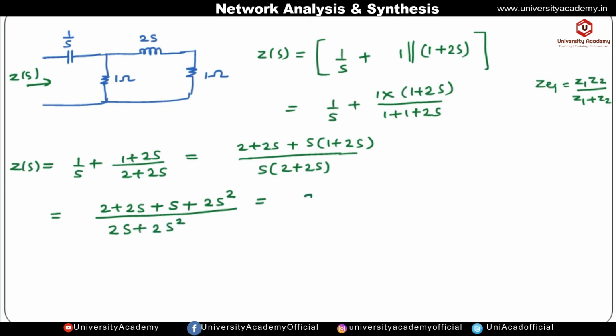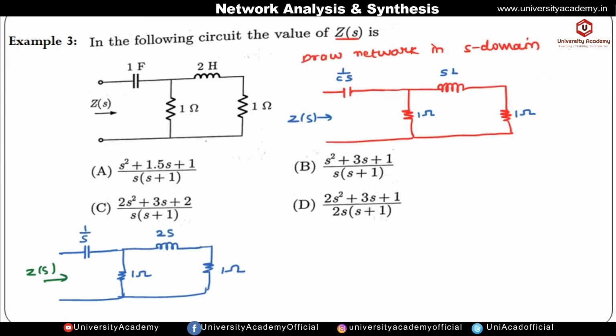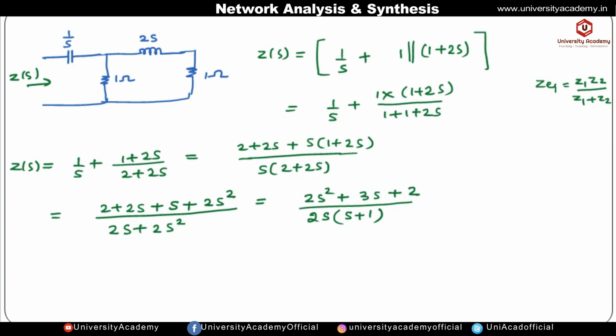So this will be equal to 2 into S square plus 3s plus 2, divided by 2s plus 2 into S square. Let us take 2s common, so it will become S plus 1. Let us see the options. In the options, the denominator is in the form S into S plus 1, so let us write in that form.